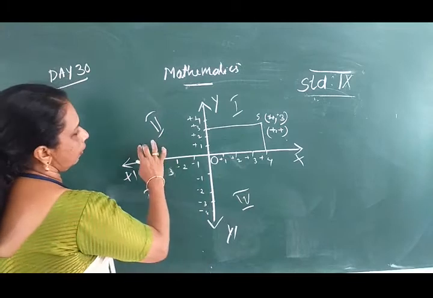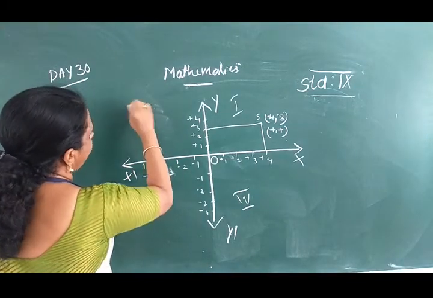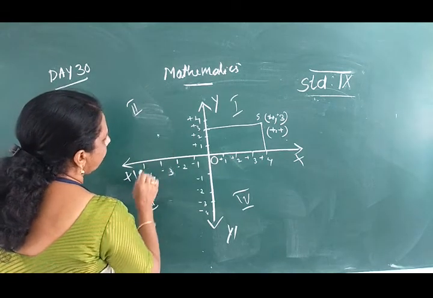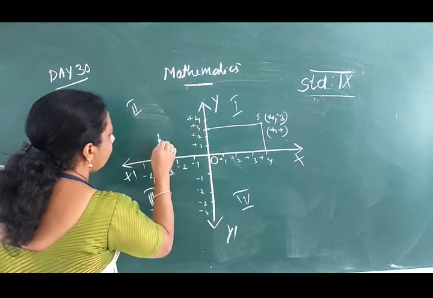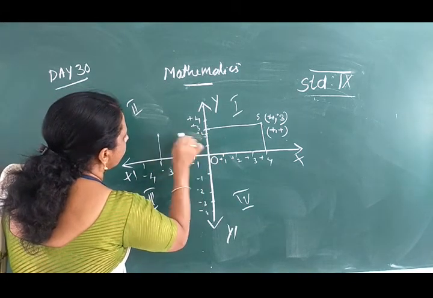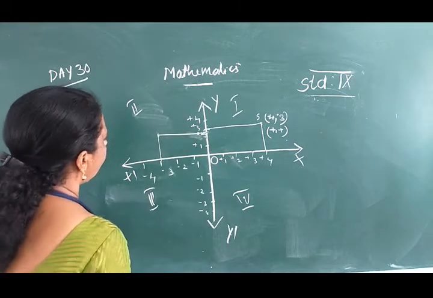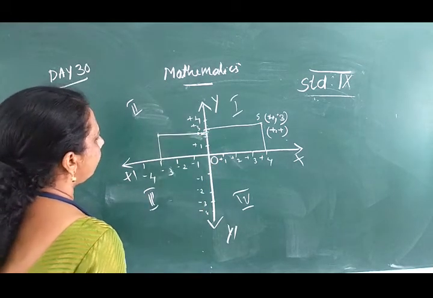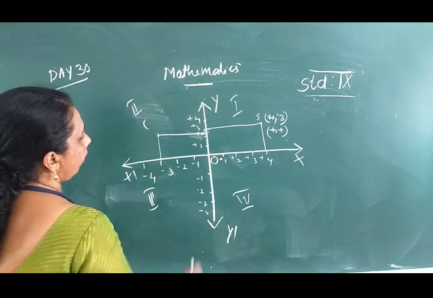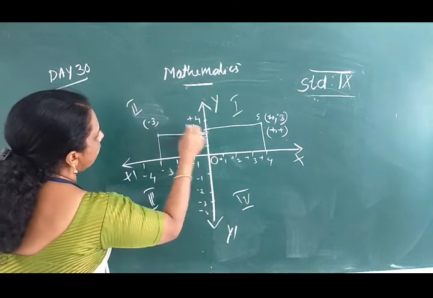Okay. Then come to second quadrant. I am taking one point here. Locate its position. X coordinate, perpendicular distance from the y-axis and measured along the x-axis is -3, and y is 2.